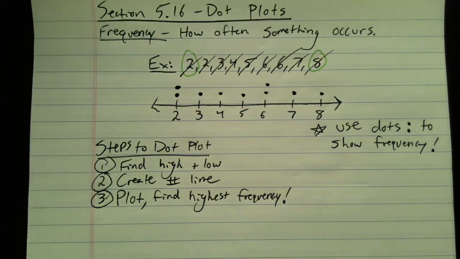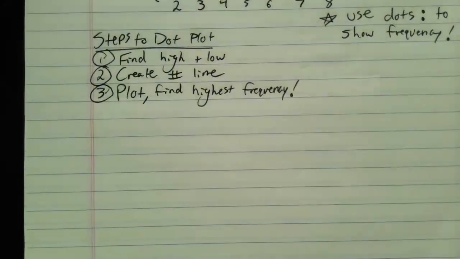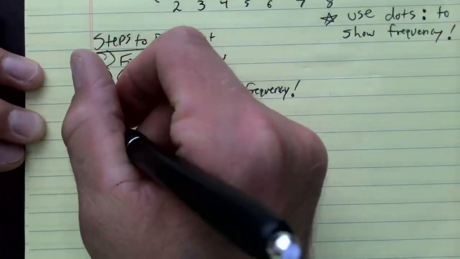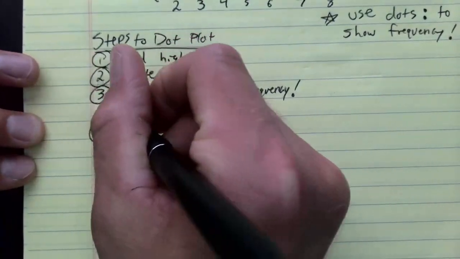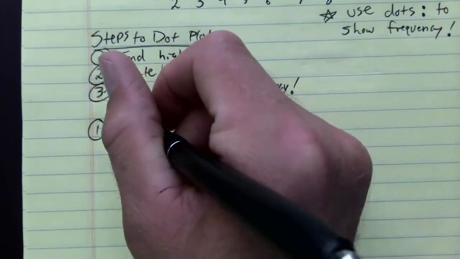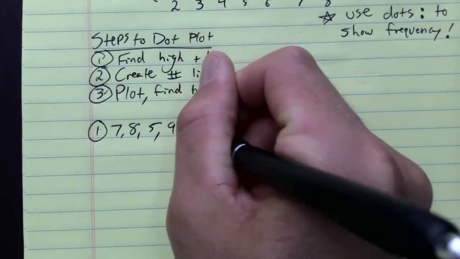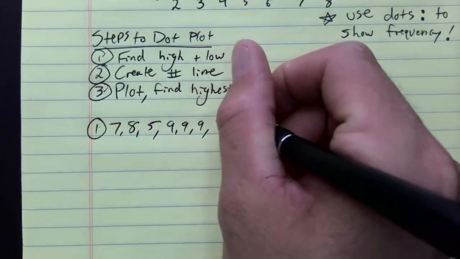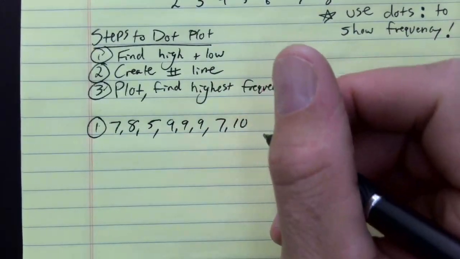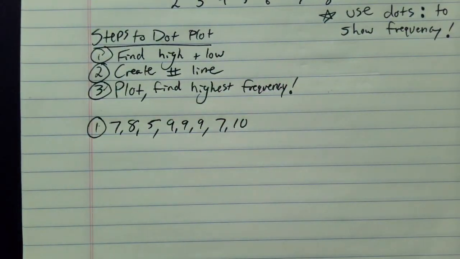So let's see what this looks like. Number 1 is 7, 8, 5, 9, 9, 9, 7, 10. Perfect. And then step 2 is to find your high and low. Take a look.